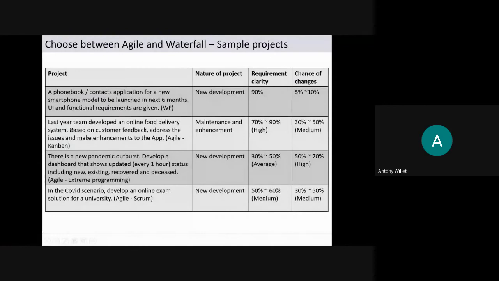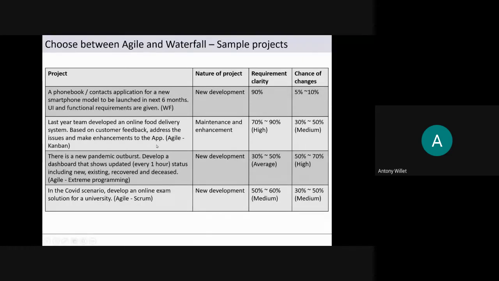The second one is, last year the team developed an online food delivery system, something similar to Swiggy or Zomato. Based on customer feedback, address the issues and make enhancements to the application. So it is going to be ad hoc requests, random requests coming in. We don't know what kind of issues will be coming in.